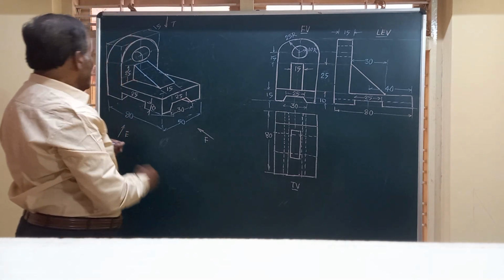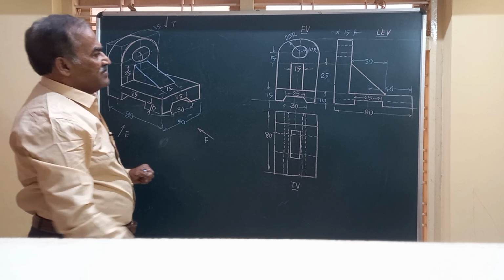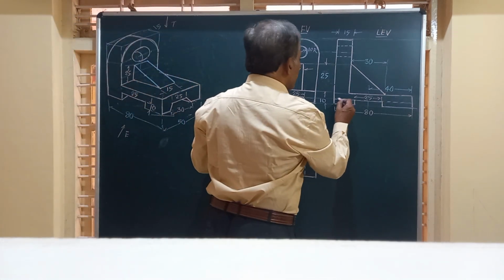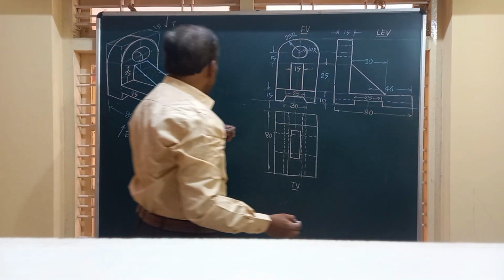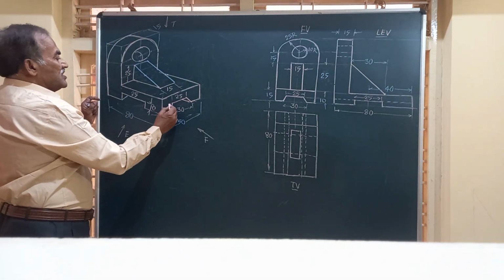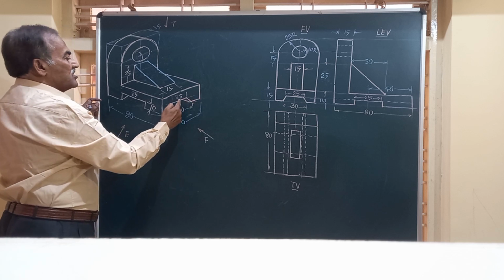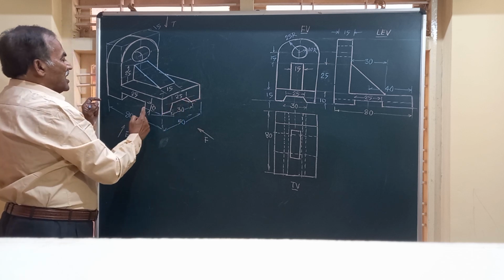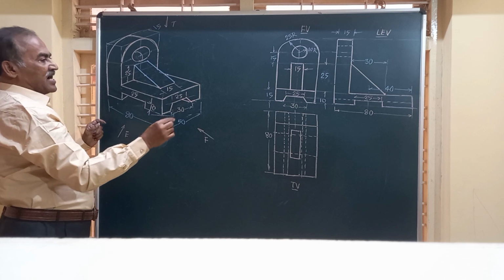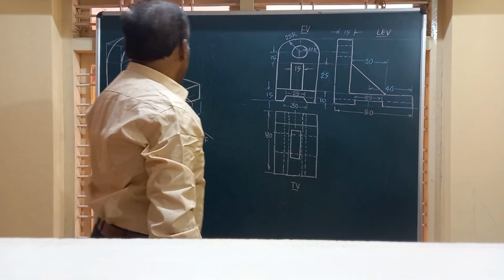And in the front end view, friends, you have this rectangular slot. And friends, you have a slot here. This dotted line indicates in the end view this height of 10 mm. The height of this dovetail cutout and that of the rectangular cutout are the same, and hence I have shown them falling on the same lines.